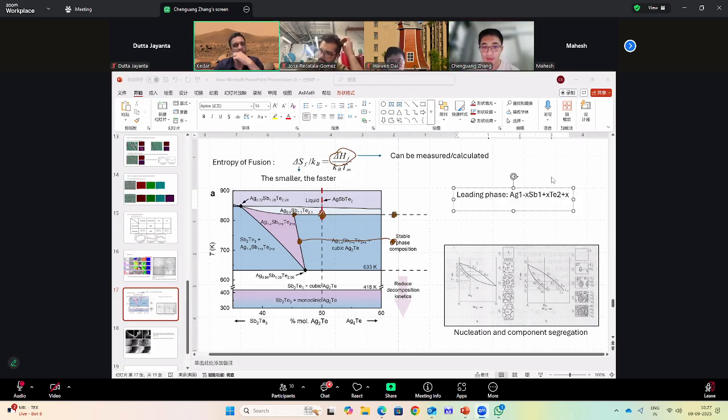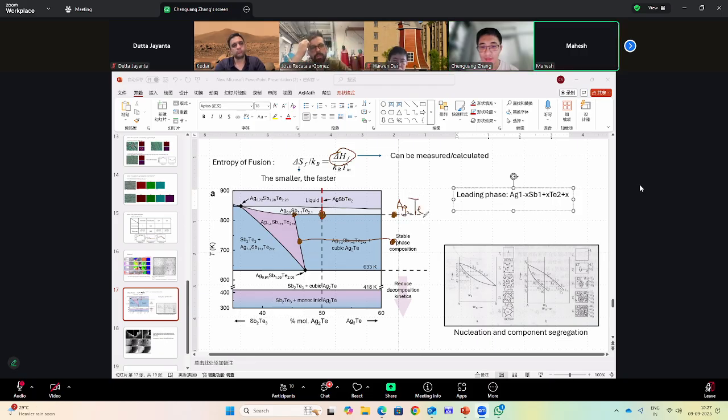So how do you measure this? Well, that's a problem. You might find some data on the silver telluride.